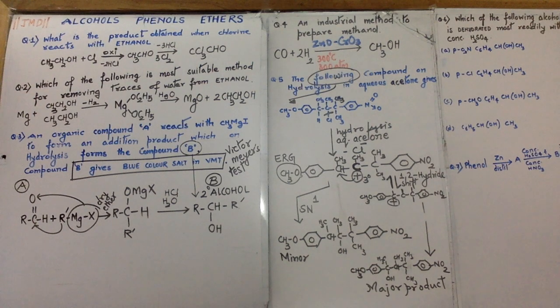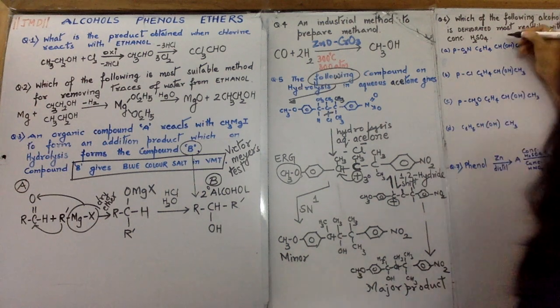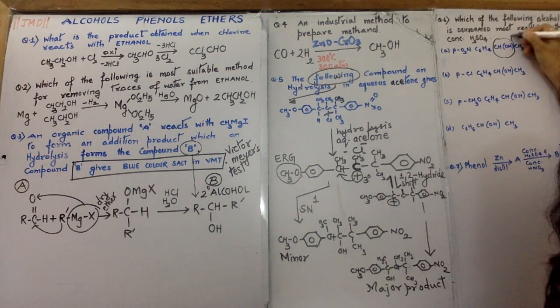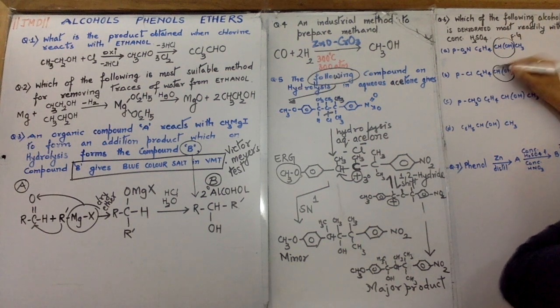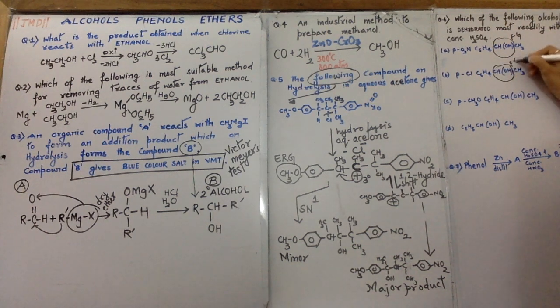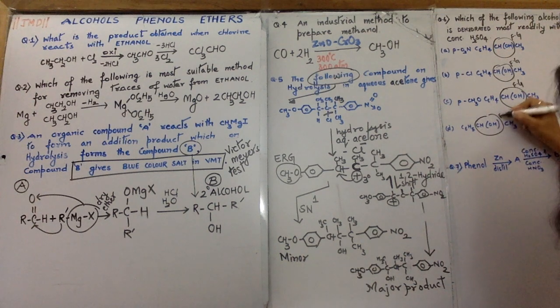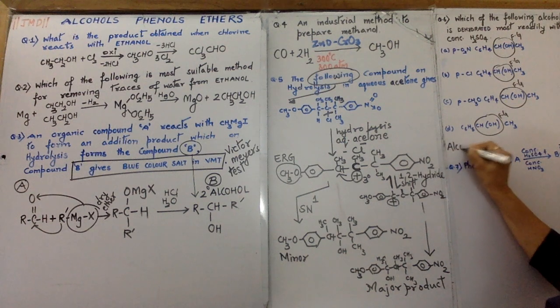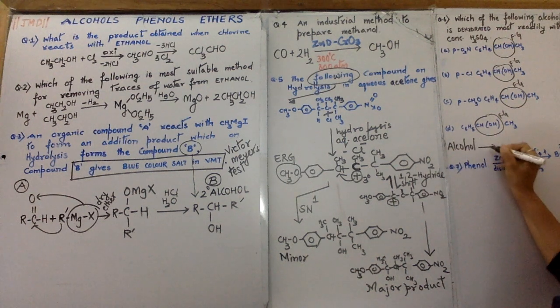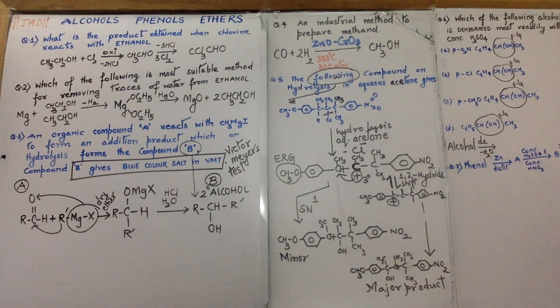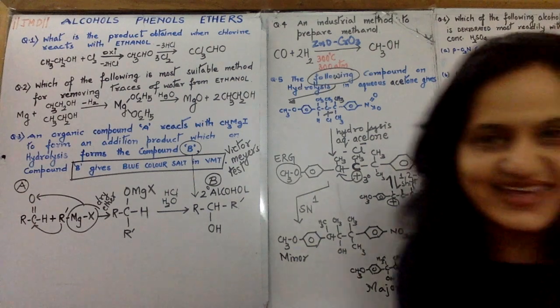Now here. Which of the following gets dehydrated most readily? First of all, identify the functional group. All are alcohols. Now, alcohol during dehydration first becomes a carbocation.